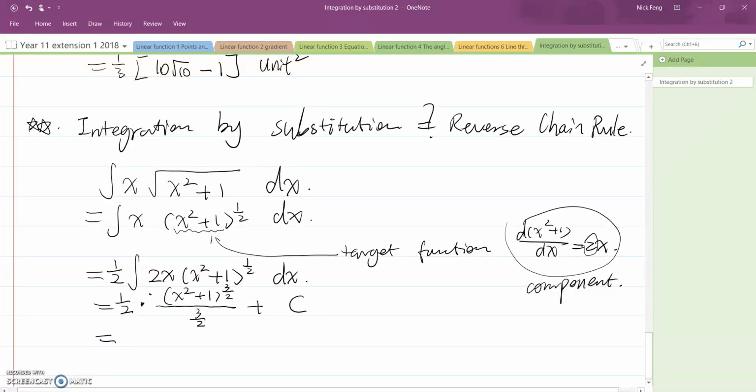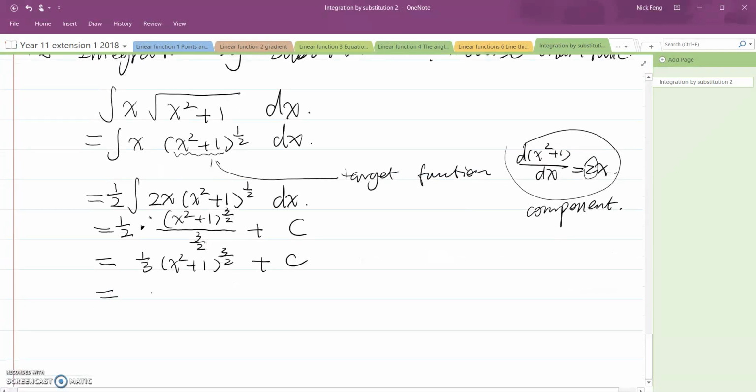And therefore, dividing by 3 on 2, that's multiplied by 2 on 3, which is a third. Now you can write a third, x squared plus 1 to the power of 3 on 2 plus c. Or you can write square root of x squared plus 1 to the power of 3 plus c.